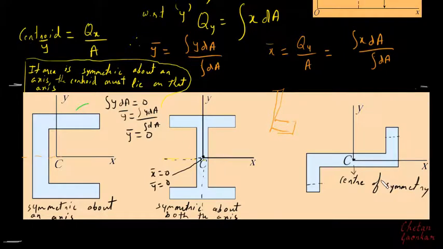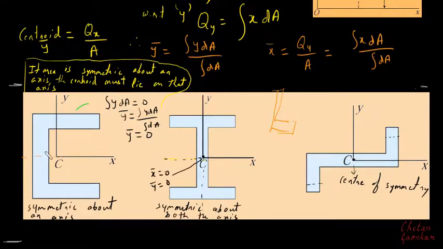So whenever a section is symmetric about an axis, or symmetric about a point, the CG will lie on that point. And if the section is symmetric about one axis, then one CG will lie on that axis. The second centroidal distance, with respect to the second axis, has to be determined.